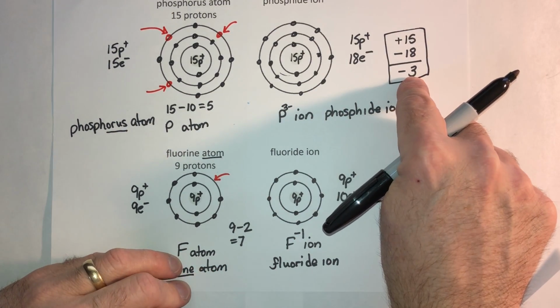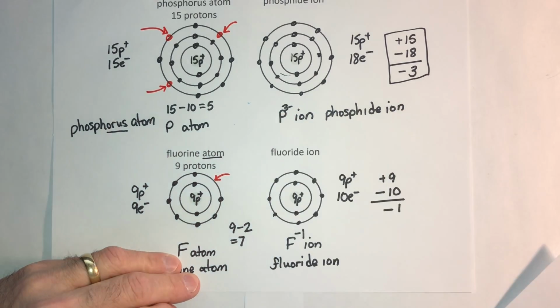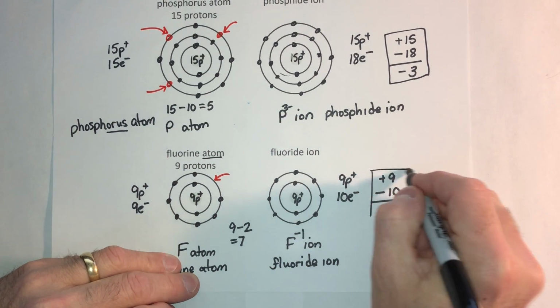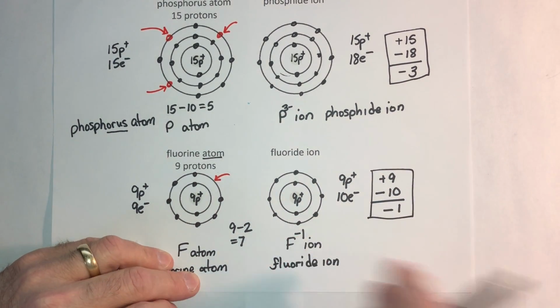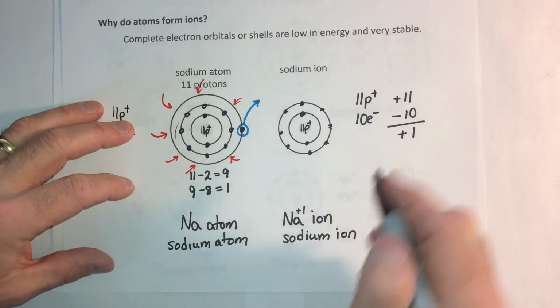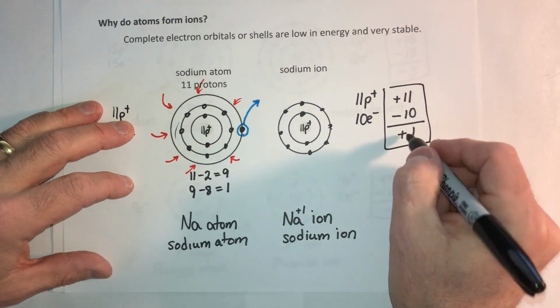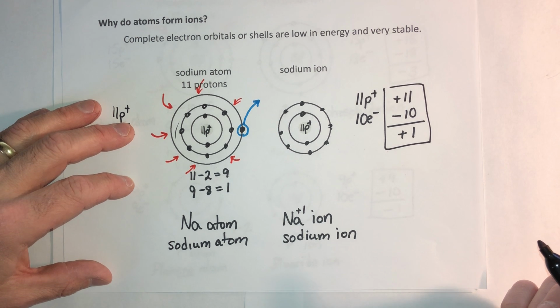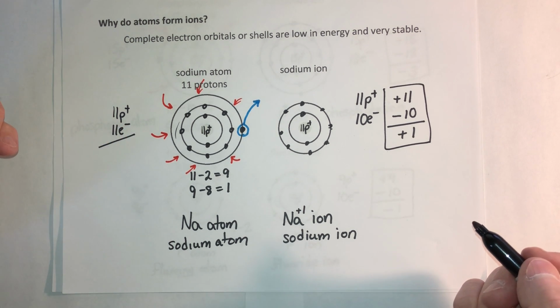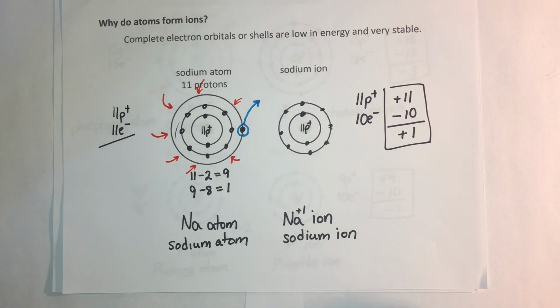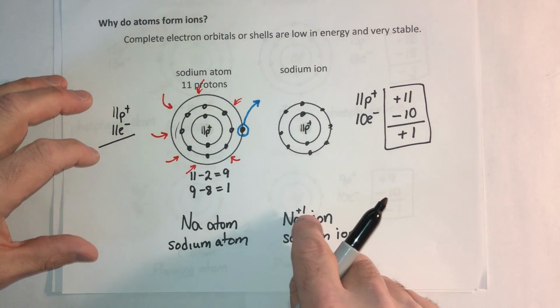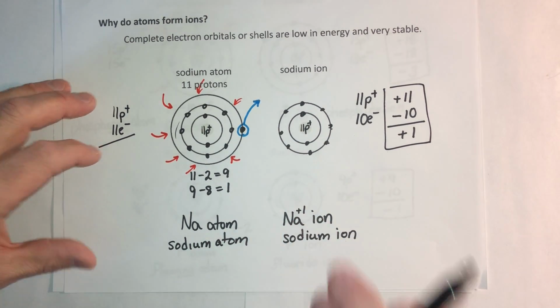You gain an extra 3 electrons, you're a -3 charge. You gain an extra 1 electron, you're a -1 charge. If you lost 1 electron, you're going to be a +1 charge. So knowing the number of valence electrons, you can decide how many you're going to add and lose, and therefore you can decide what the charge is going to be.